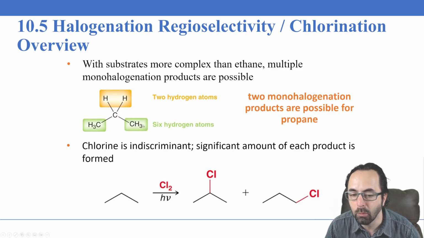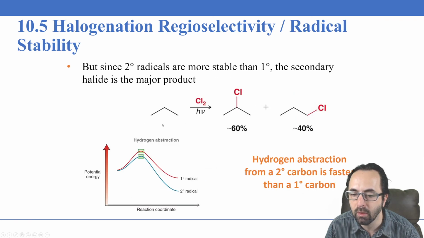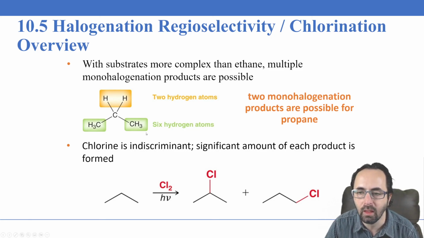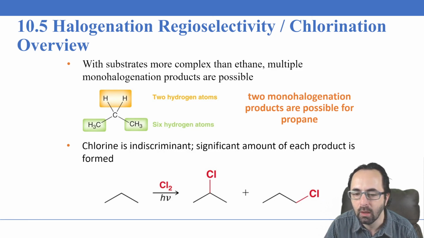And the number of possibilities depends on the number of hydrogen atoms. Here we have 2 hydrogen atoms attached to this secondary carbon, and then in this propane we have 6 hydrogen atoms attached to these carbons. And so this is going to start to make us think about the regioselectivity of radical halogenation.